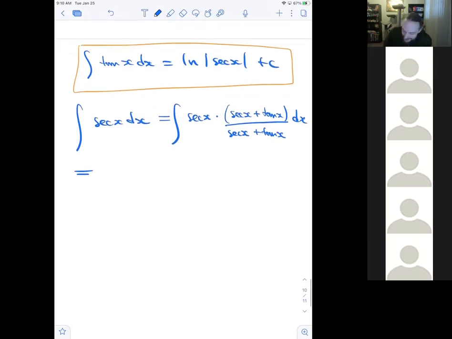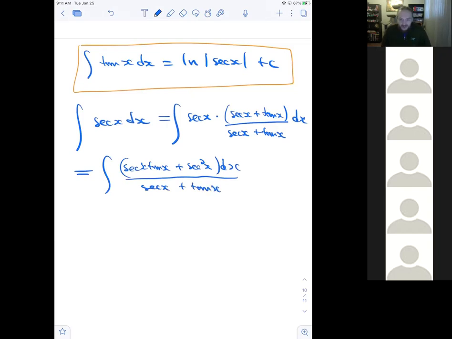Now notice what happened. That says that we have the integral of, now let me rearrange it, secant x tan x plus secant squared x times dx on the top, and on the bottom I have secant x plus tan x. What's the derivative of secant? Secant tan.